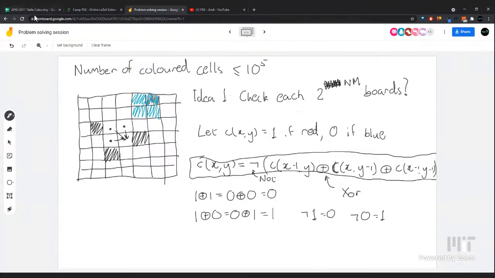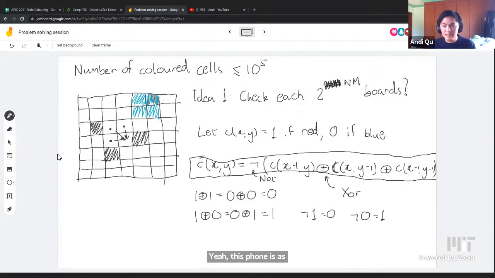Yes, okay. Yeah, this formula is fine. I'm going to ask an obvious doubt, is XOR associative? Yes, it is. Okay.